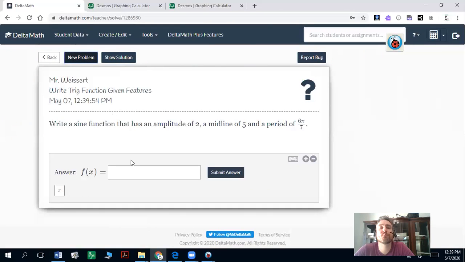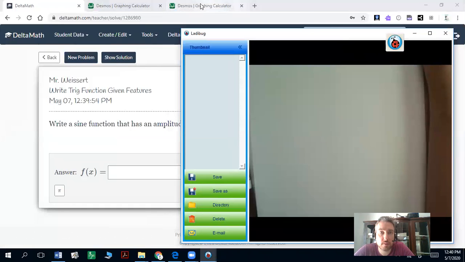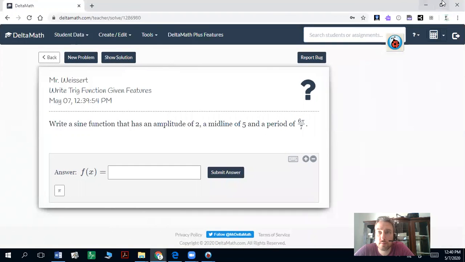All right, this one gives you an amplitude, a midline, and a period. So now we have something we have to solve for. So if the period is 6 pi over 7, let me make this smaller.